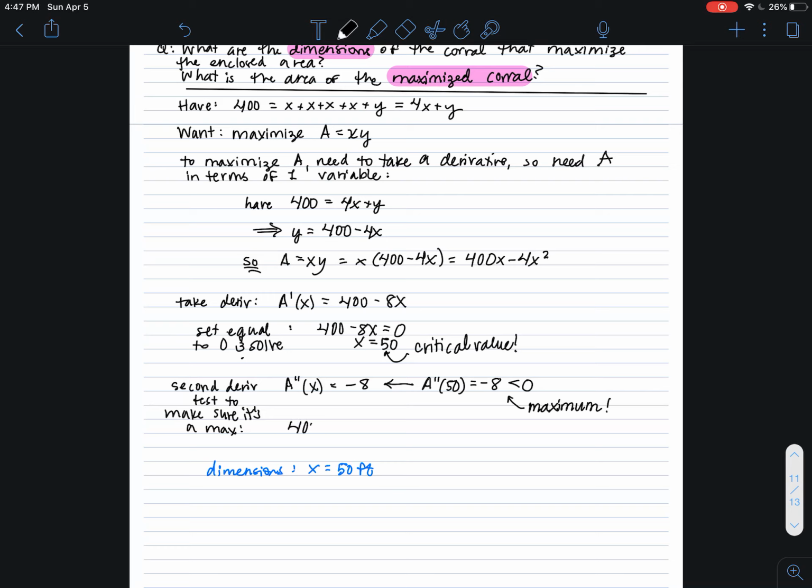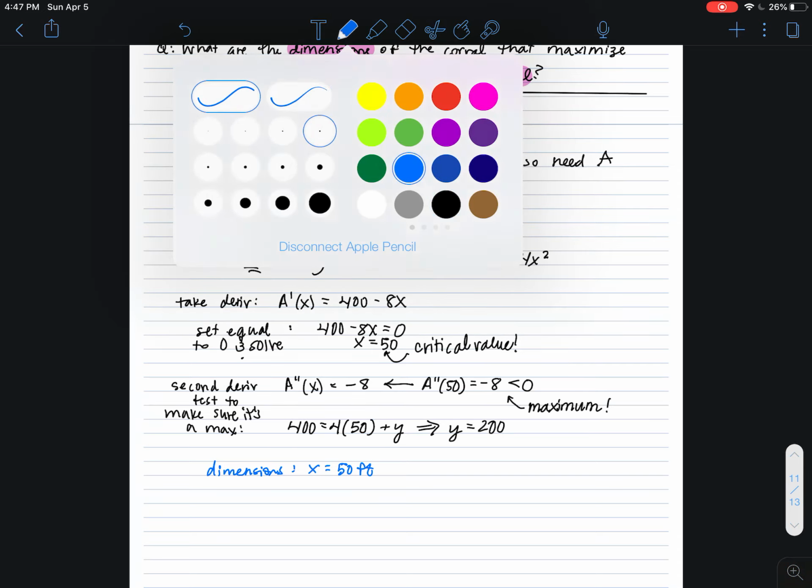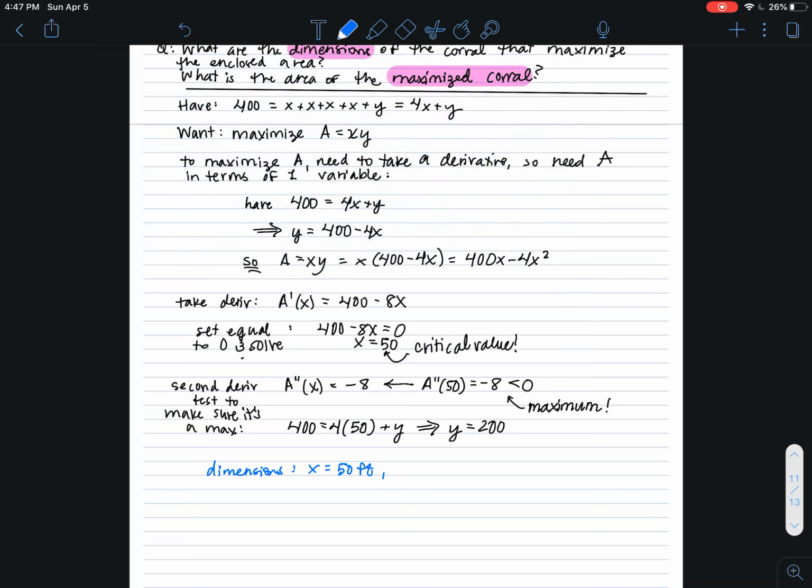So we know that 400 is equal to 4 times our x, or 50 in this case, plus y, which if we solve gives us y equals 200. So our dimensions are x equals 50 feet and y equals 200 feet.